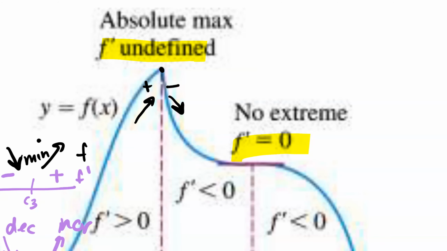So this is undefined here because it's a cusp. Cusp is more, let's see, approaching infinity on both sides. So I'd have to say it's a corner, because technically the tangent at that point would be a real number. So it's more of a corner.